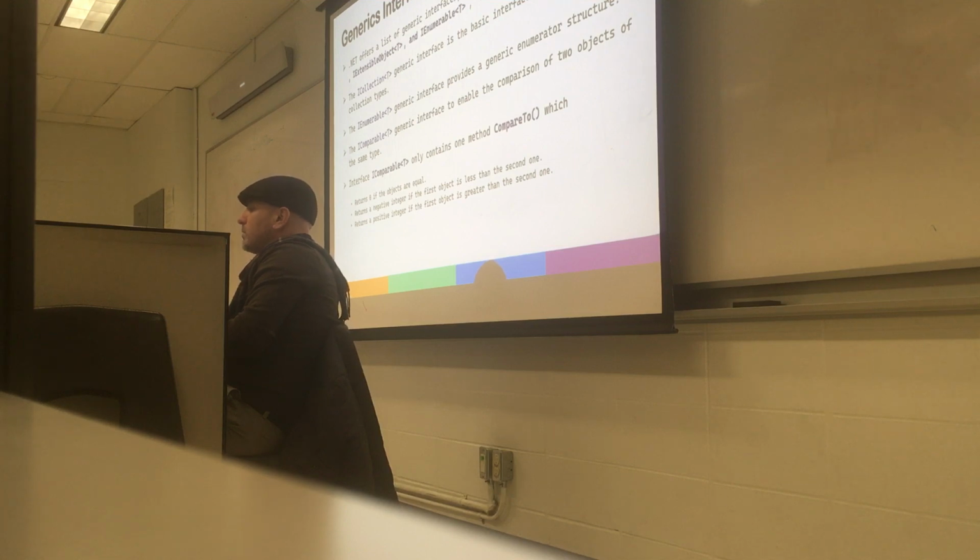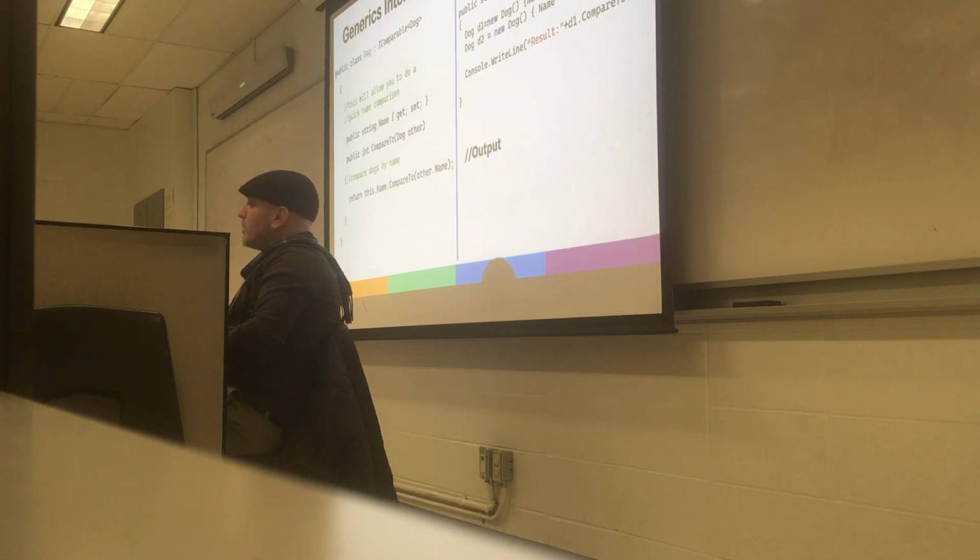IComparable of T returns 0 if the objects are equal, or a negative integer if the first object is less than the second one, and returns a positive integer if the first object is greater than the second object. Example of generic interface.